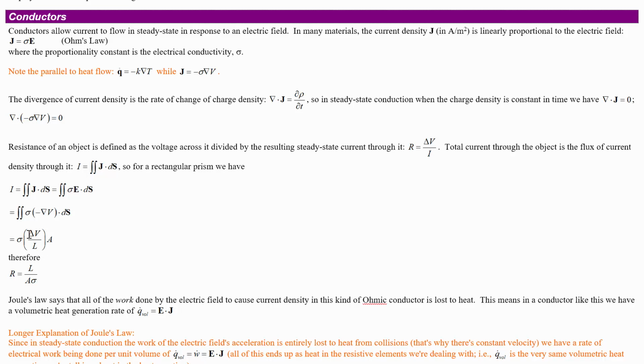So we've got sigma delta V over LA. The other things in here are constants, right? The A, the sigma, and the L. For some material and for a rectangle, we've got constants for that. So that means the resistance, as long as we define resistance for this material as L over A sigma, then we've got that delta V is IR.